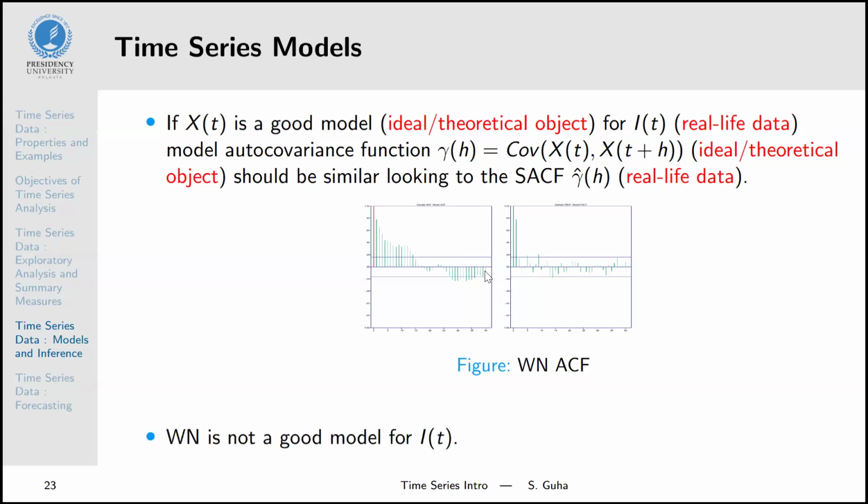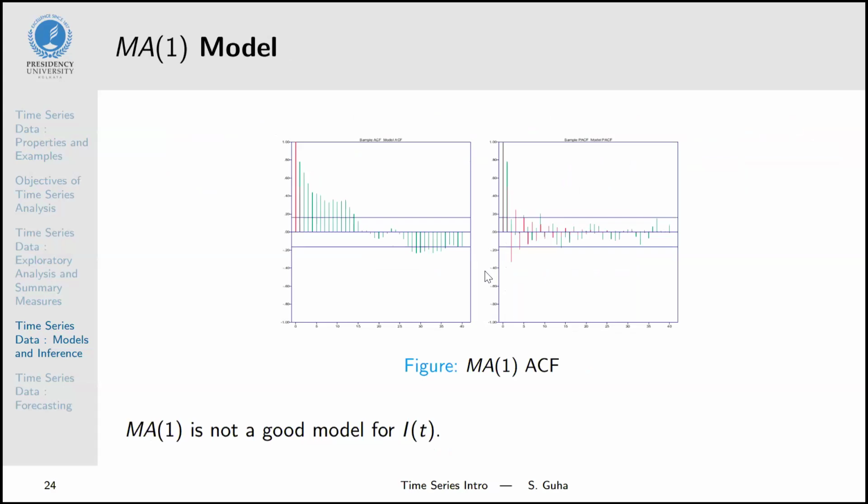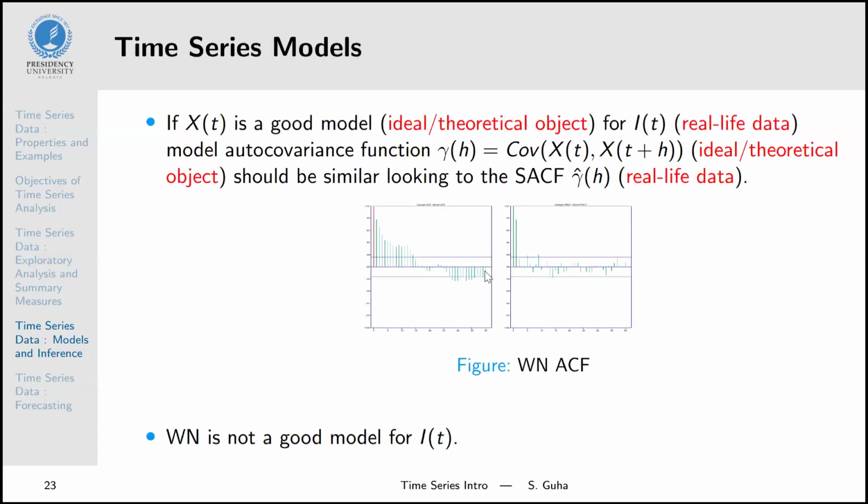Can you see that this green line gives you the sample autocorrelation function for the irregular component. On the other hand, this red line is giving you the theoretical autocorrelation function for the hypothetical object, which is the x.